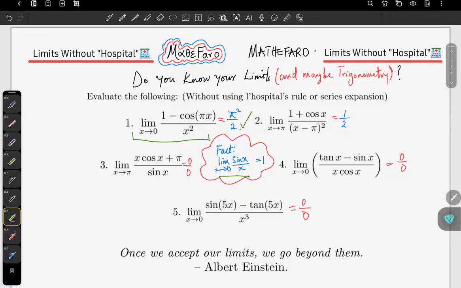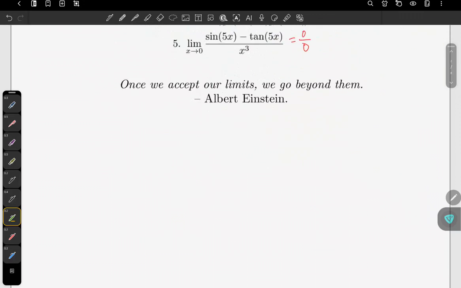And in the second video, we used the same toolbox, the same identities, to evaluate this as 1 over 2, totally avoiding the use of L'Hopital's rule. In this video, we'll see how to compute this third limit on the problem set also without using L'Hopital's rule. So let's get right into it without wasting much of our time.